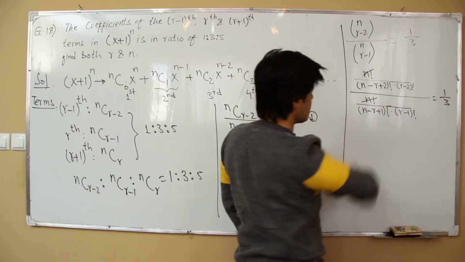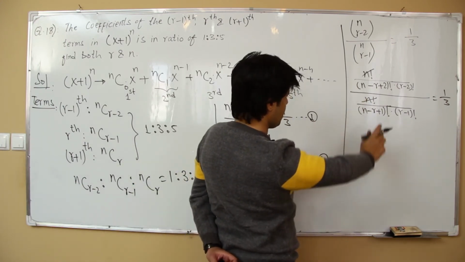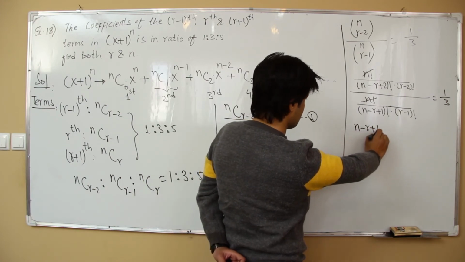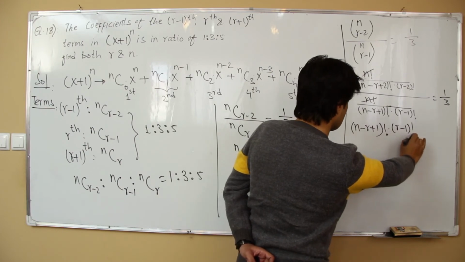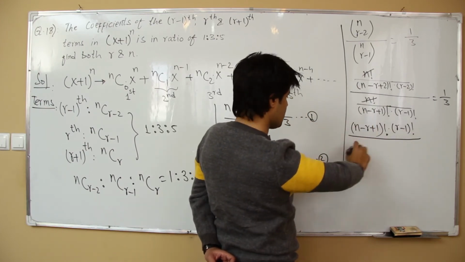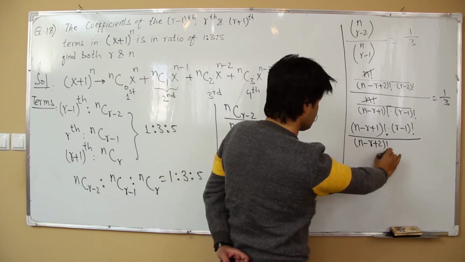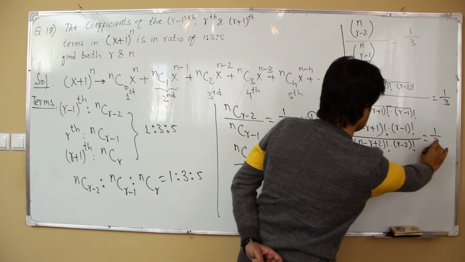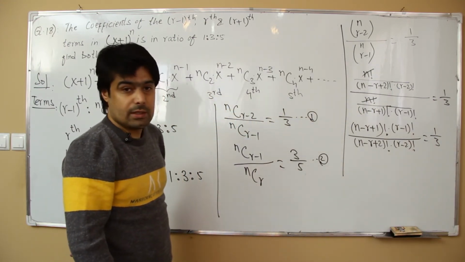We can cancel n factorial. Now put this one in the denominator. You will have (n minus r plus 1) factorial times (r minus 1) factorial divided by (n minus r plus 2) factorial times (r minus 2) factorial, is equal to 1 divided by 3. Now you can simplify this equation.